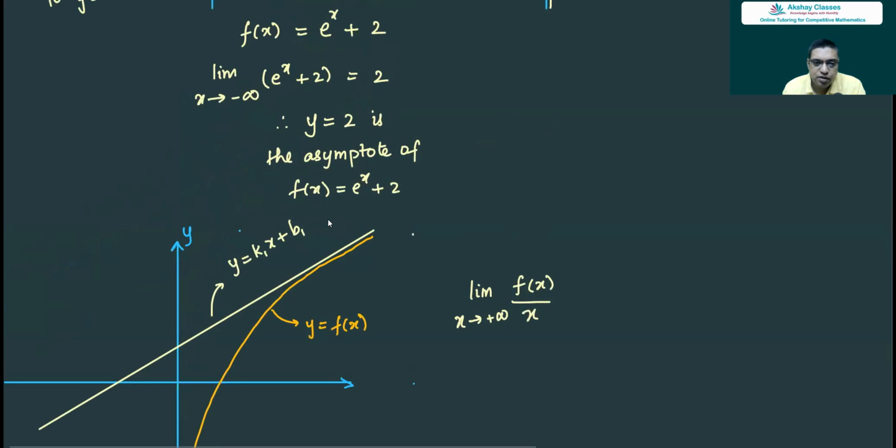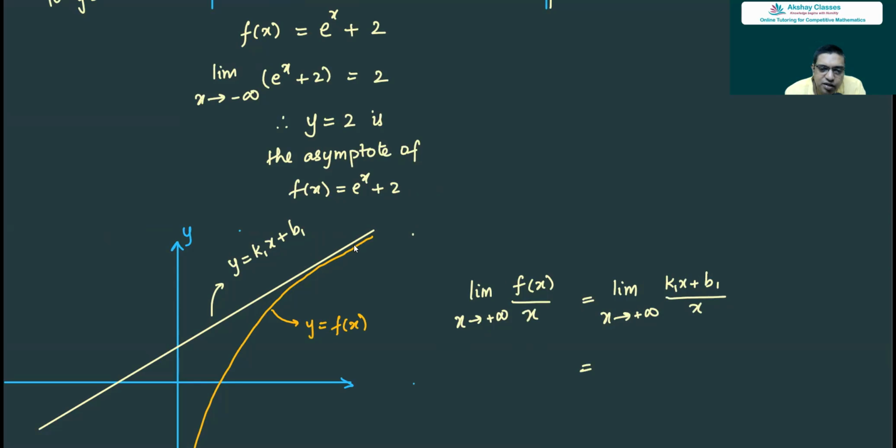Now what is happening is, as x tends to infinity, this curve is trying to coincide with this line. So it means that f of x values will almost be equal to k1x plus b1 as x tends to infinity, correct?